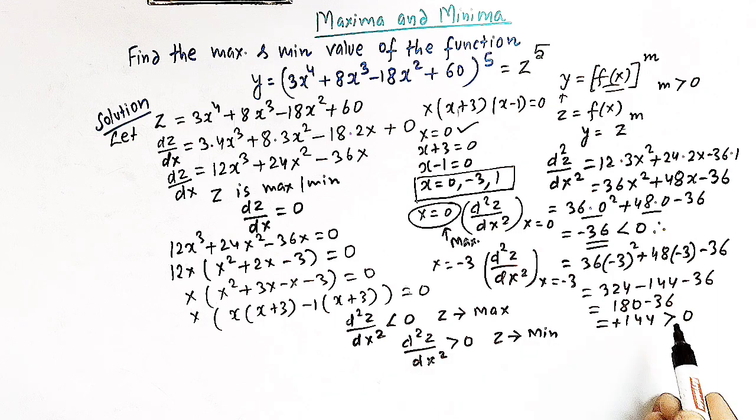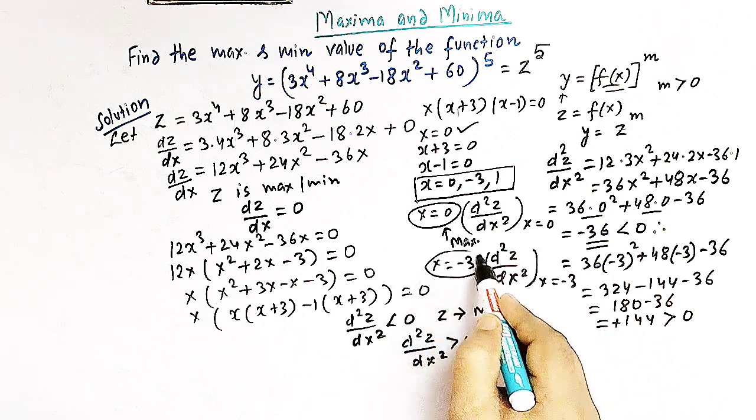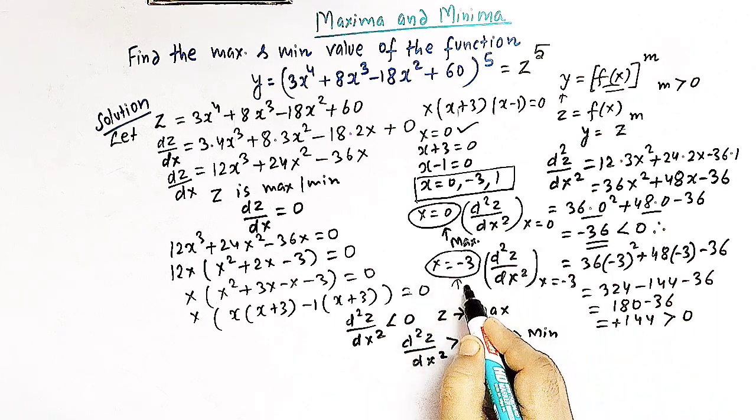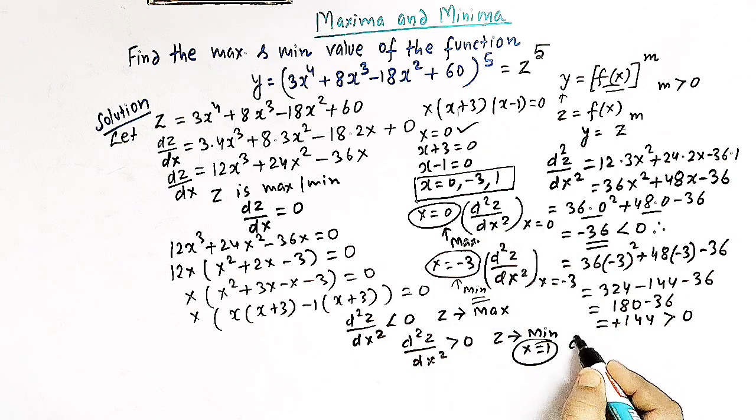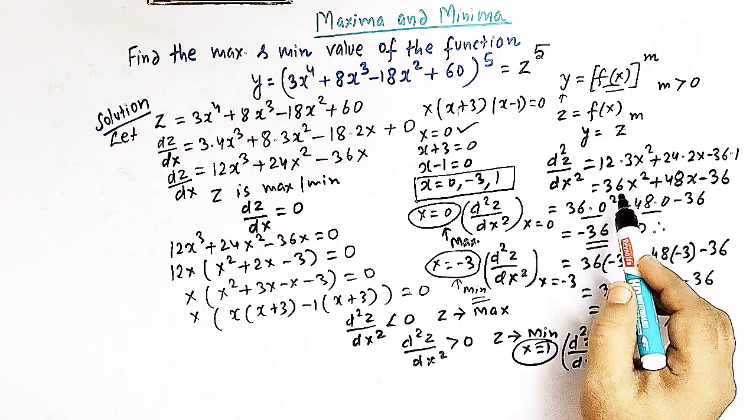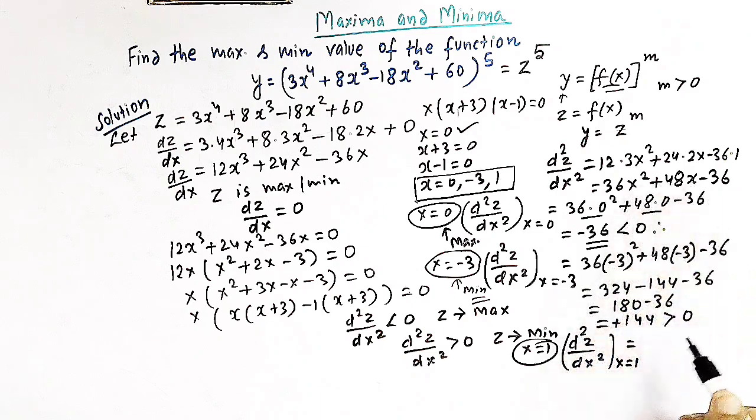So this point, that is x is equal to minus 3, is a point of minima, because here the second derivative is greater than 0. Now let us take x is equal to 1, right? So the second derivative at this point is given by this expression. So taking x is equal to 1, we have 36 times 1 square, then we have 48 times 1 minus 36.